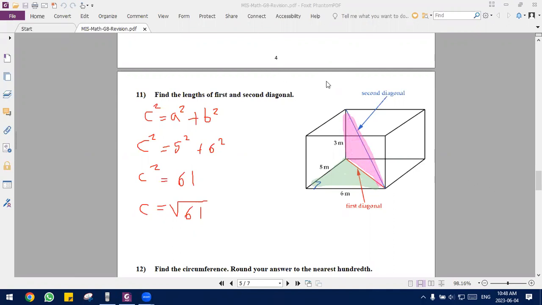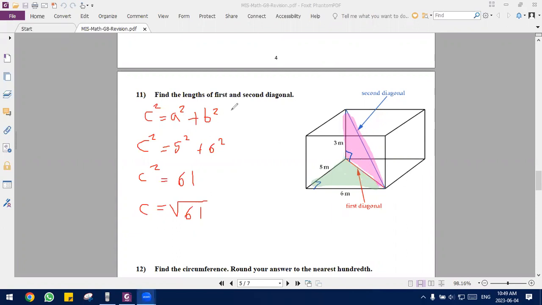Again, where's the right angle? Let me put it on the shape. Here's the right angle. So again here, the second diagonal is C. I need to find the hypotenuse.